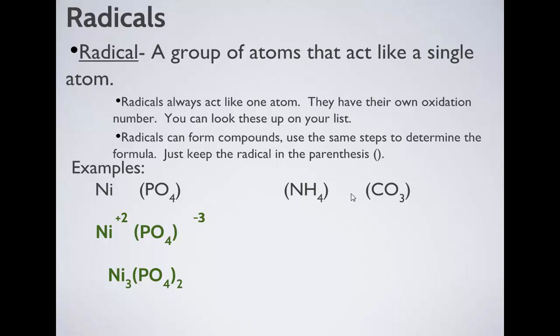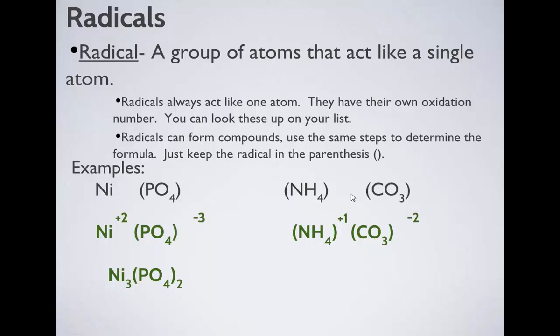All right, here's another one. NH4. Raise your hand if you could tell me what is its oxidation number. Campbell? +1. Yep. It's on the radical chart. It's +1. Ammonium. And how about CO3? Arpon? -2.